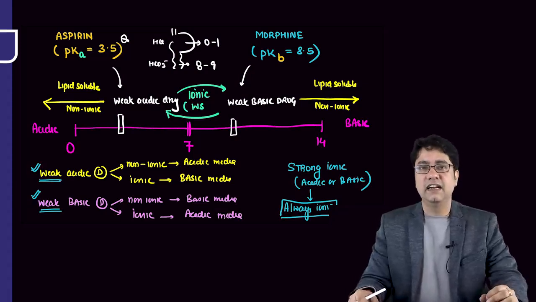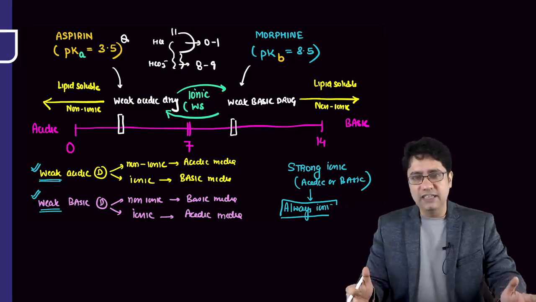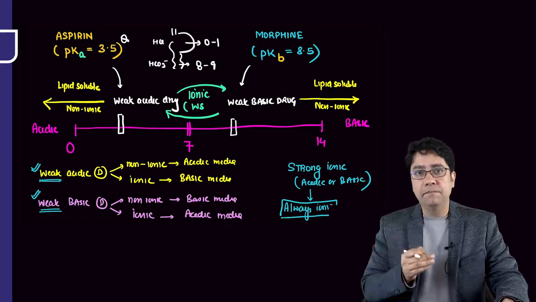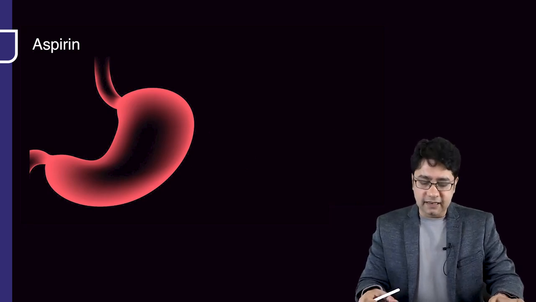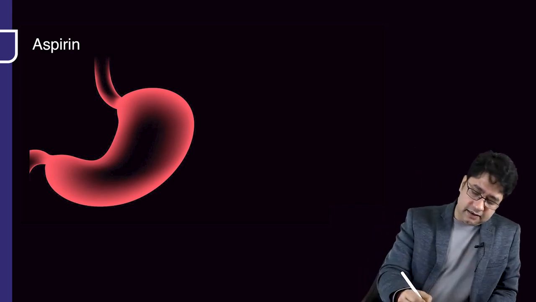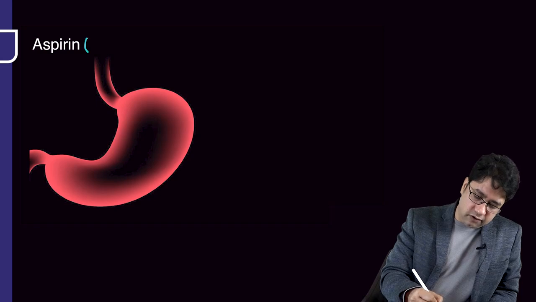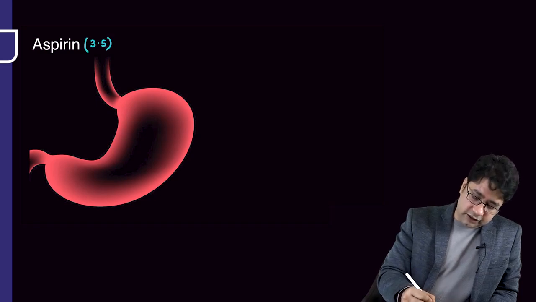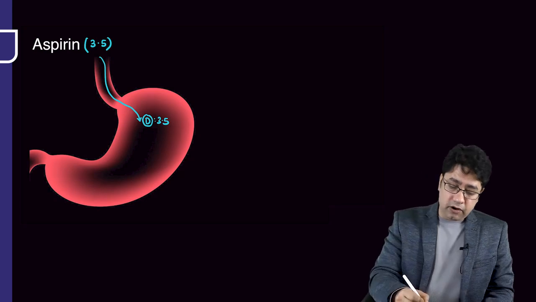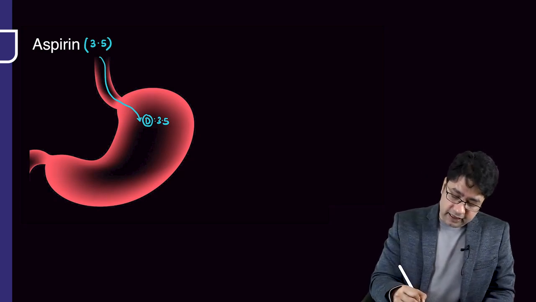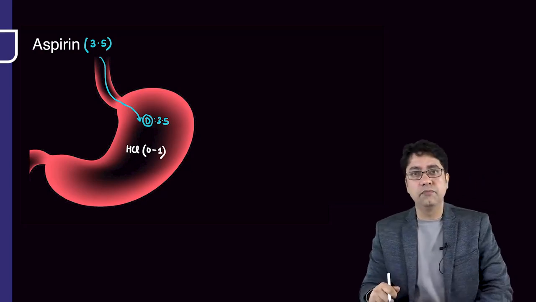Now, let's understand what is the importance of this pK value in our patient. Let's have a clinical touch to this point. Let's say you have taken a drug orally, aspirin. Can we say aspirin has a pK value of 3.5? It enters your stomach. Can you recall what was the pH of media in the stomach? Because of HCl, the pH of media in the stomach is 0 to 1.